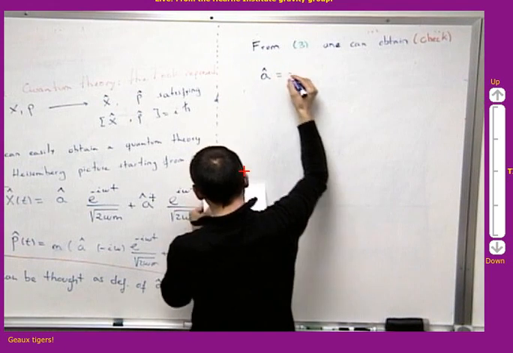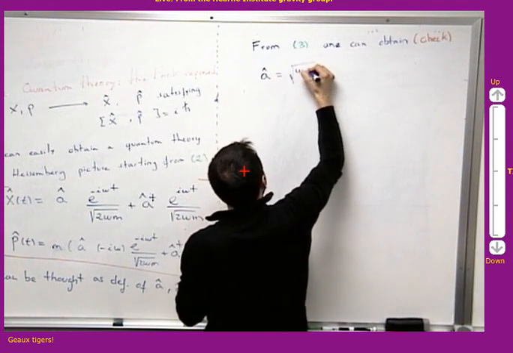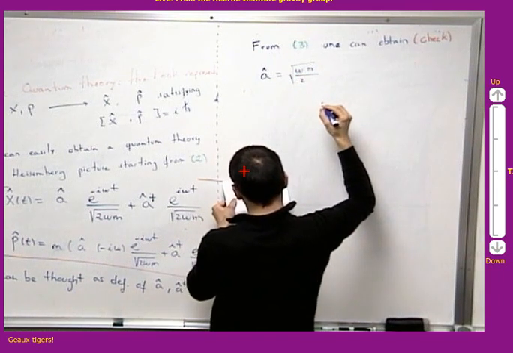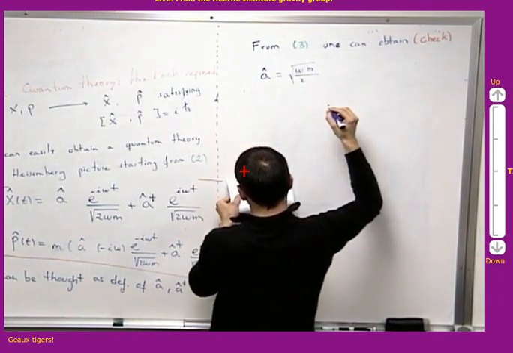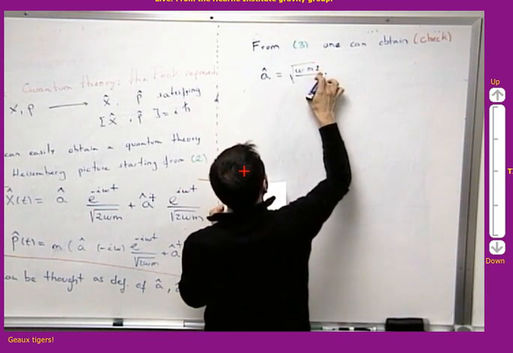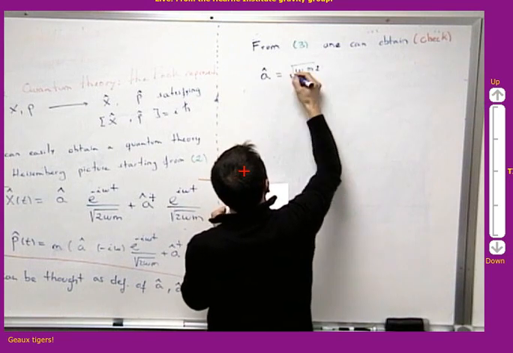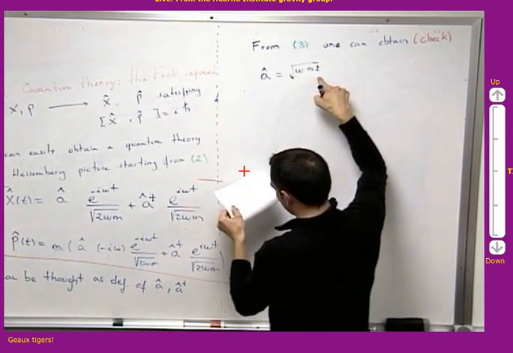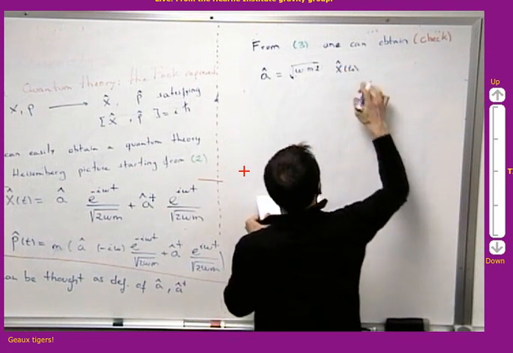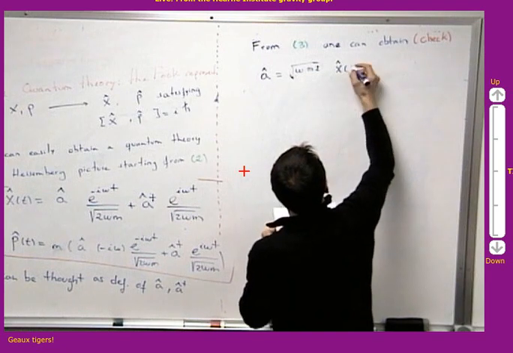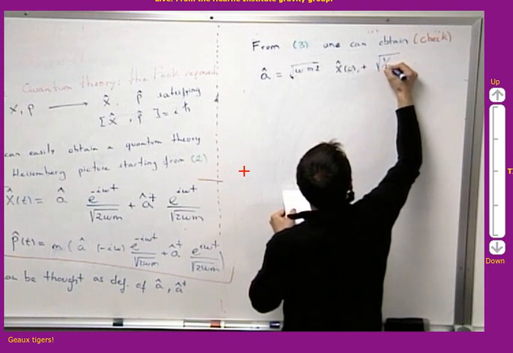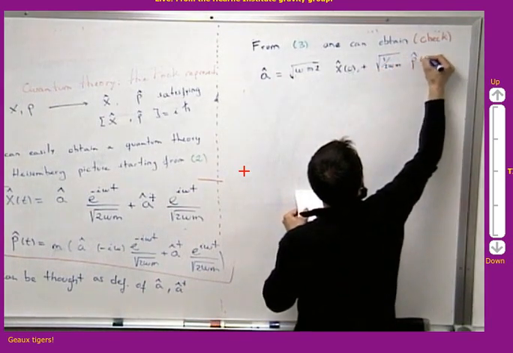A is going to be equal to omega m over 2, I think the 2 should go upstairs, take the factor 2 out, times X at some initial time, t0, for instance t equals 0. We can evaluate at t equals 0, plus 1 over 2 omega m times the P operator.